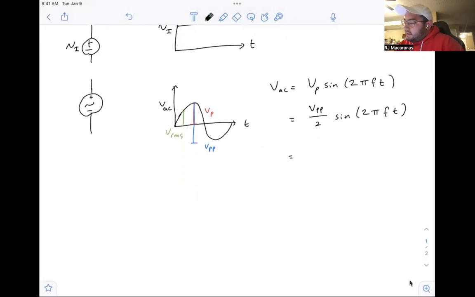And I think the root mean square is, so you take the average, and you take the square root. So root mean square, and you square one of these.